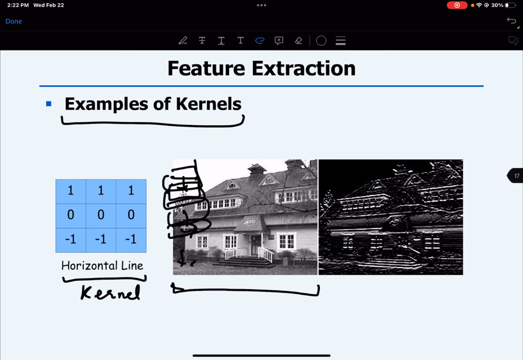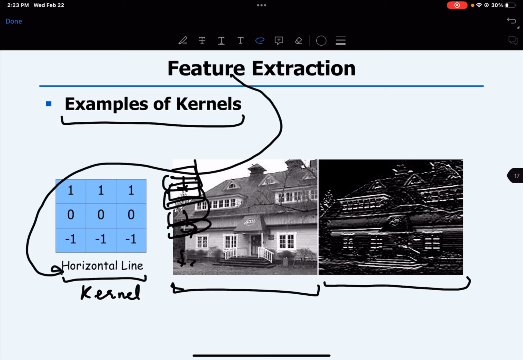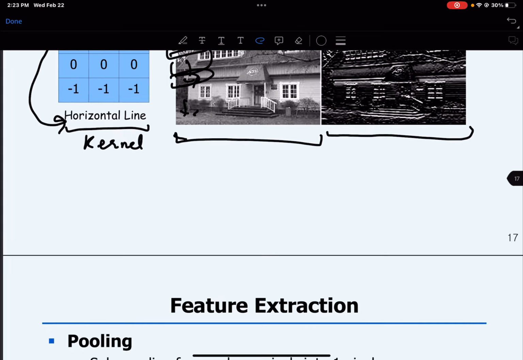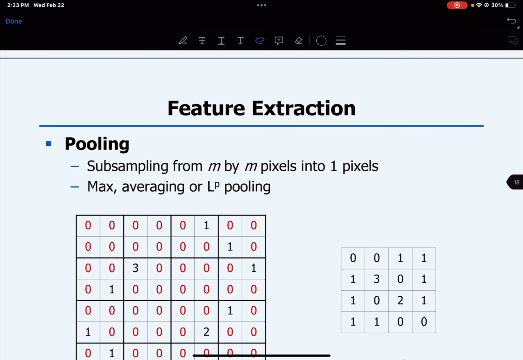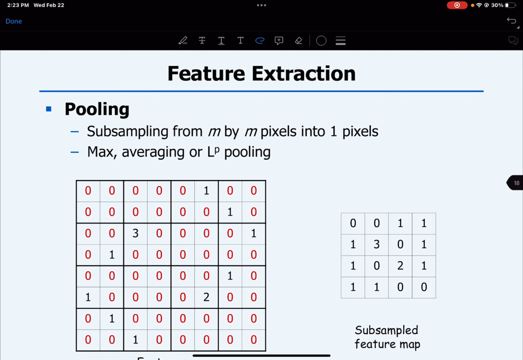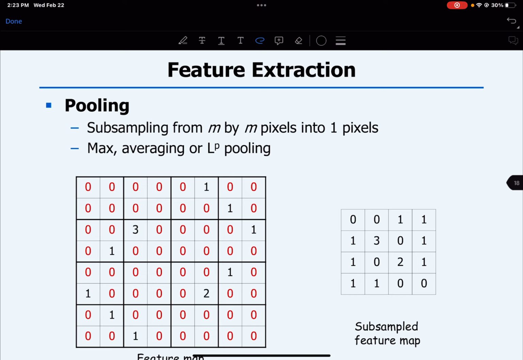If we apply it to this image, it has extracted the horizontal lines within your image. So what feature are we extracting from here? We are extracting horizontal lines, only the horizontal lines within the image, right? So feature extraction.